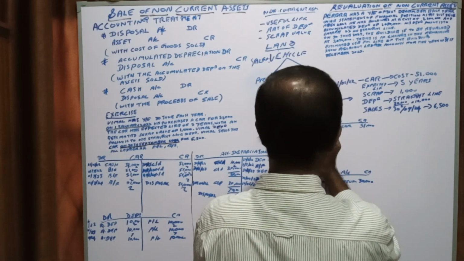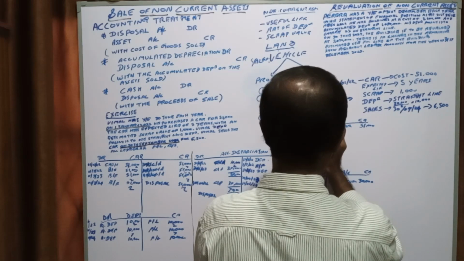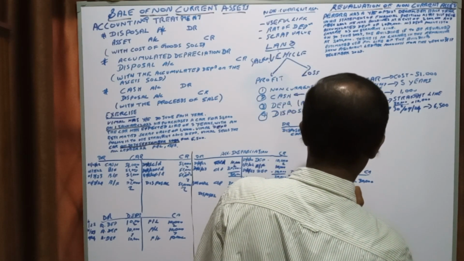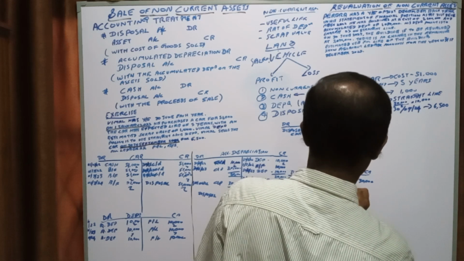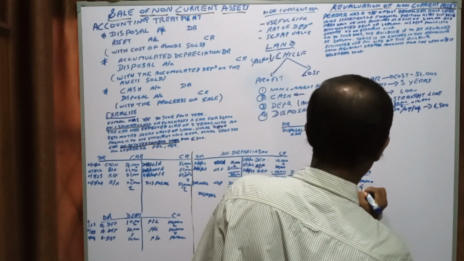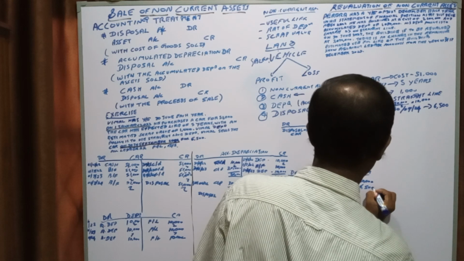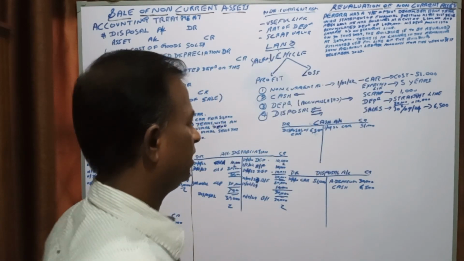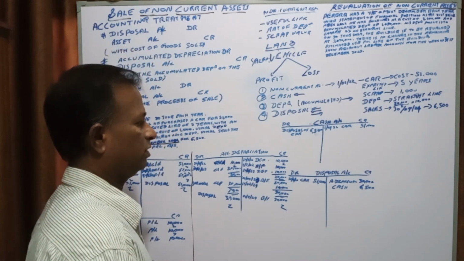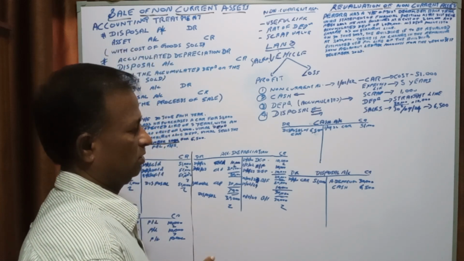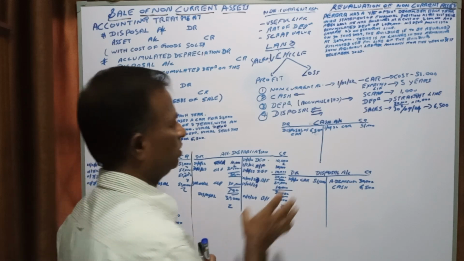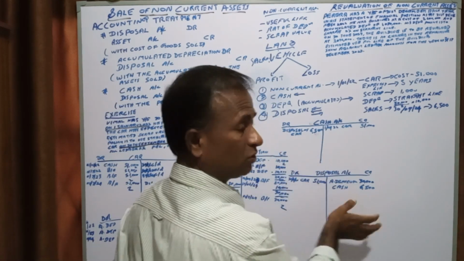Okay, 6,500, and this cash account, we say cash account 6,500. We are selling at the price of 6,500. Okay, understood. So we made an entry for disposals also.